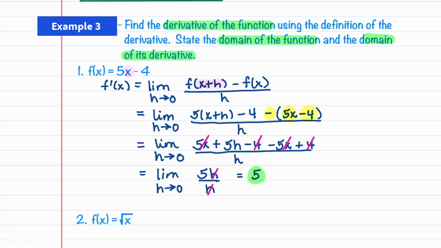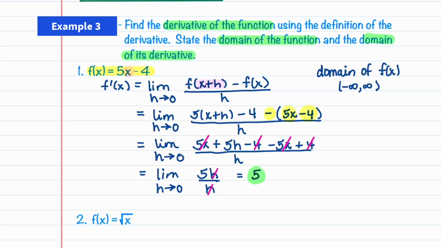Now we're going to find the domain of f of x and the domain of f prime of x. I'm going to write this up here at the top. The domain of f of x is going to be minus infinity to infinity because our function f of x over here on the left is just 5x minus 4.